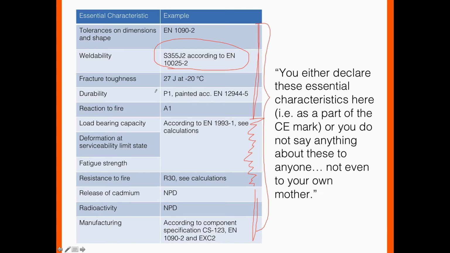Or if you have done anything in terms of corrosion protection, if you have wet painted it or done hot dip galvanizing, whatever, you can only do that through the CE marking. So if you want to communicate what you have done in terms of corrosion protection, what kind of steel you have used, what reaction to fire it has, or how you have manufactured it, it can only be done through the CE marking.